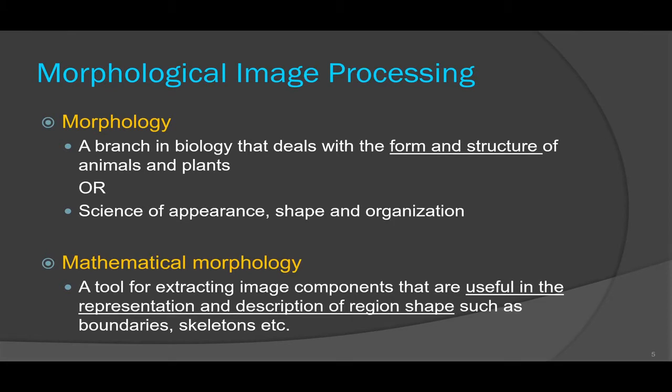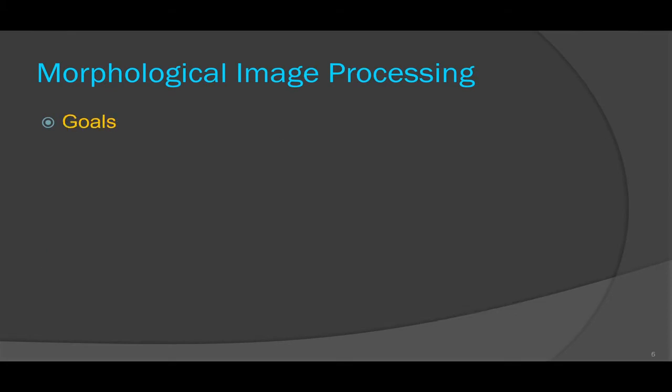So let us look at the goals of morphological image processing. Morphology offers a unified and powerful approach to numerous image processing problems. Thus, we can mention here a few such goals.